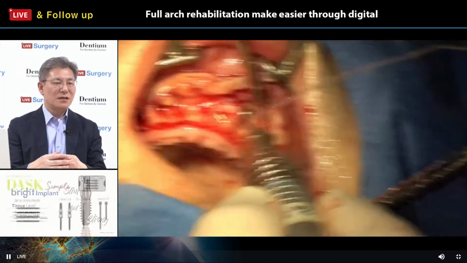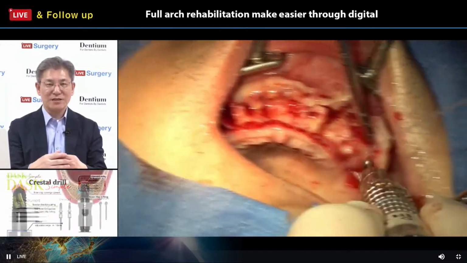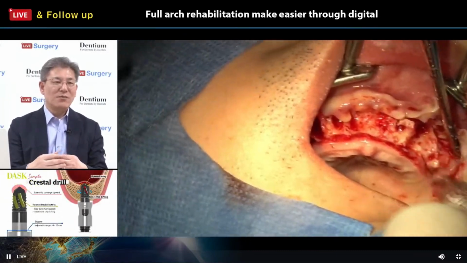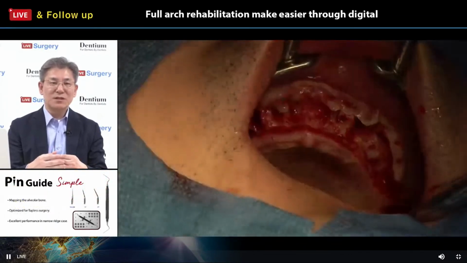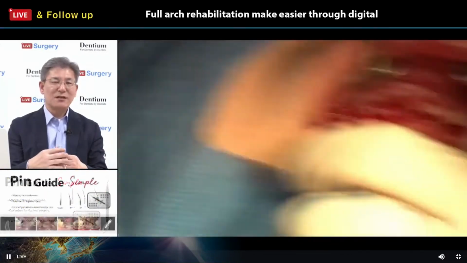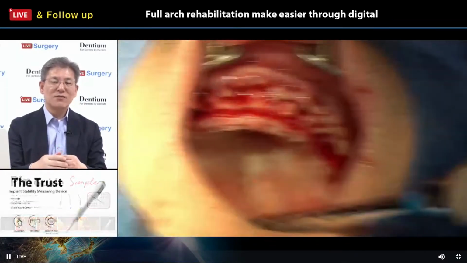Especially, as you know, in the periodontally compromised patient case, we strongly recommend a delayed approach: after extraction, wait 3-4 months, and then do the implantation.